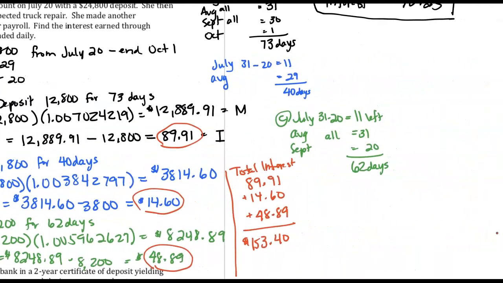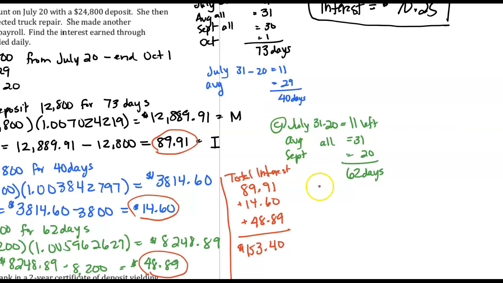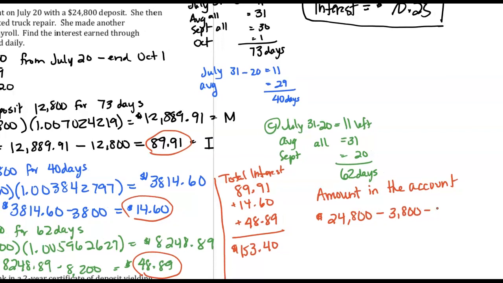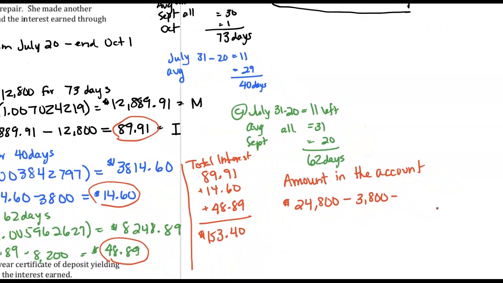So coming over here, we could say that we started, let me write amount in the account. We started with an investment of $24,800. There was a subtraction of $3,800. There was another subtraction of $8,200.